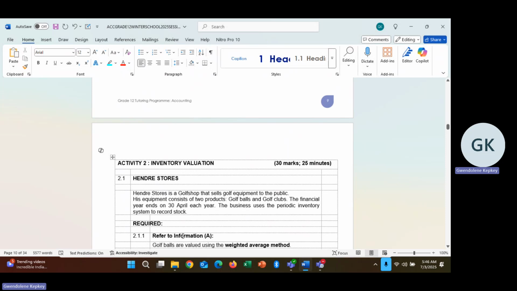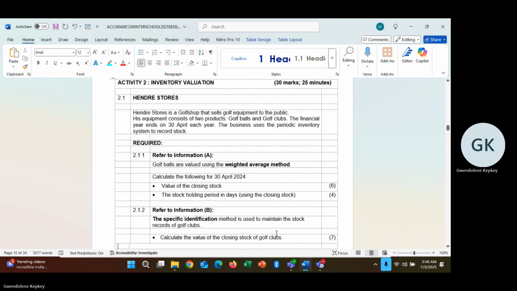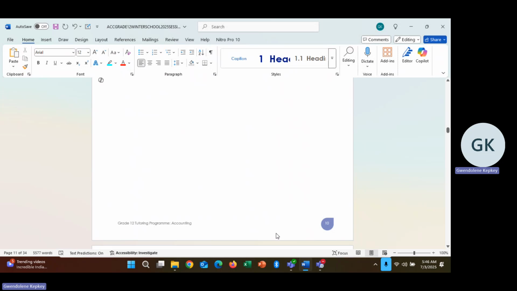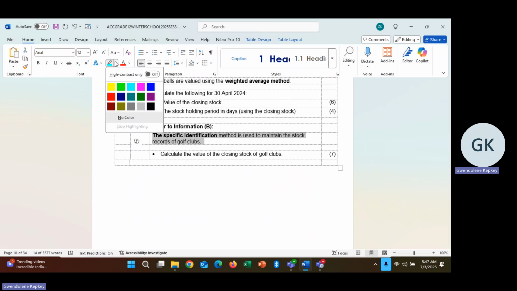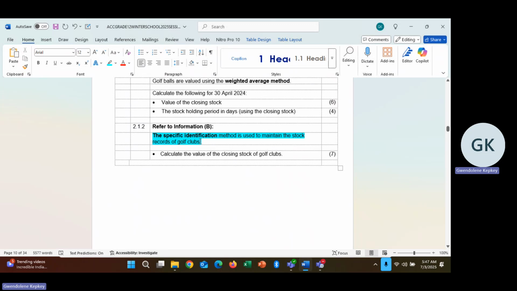So here they start out with a weighted average again, but if you go down and move to the next question, they actually ask that we do a calculation. So ma'am for now is going to pause there. I'm not going to do that. We are going to concentrate where we're going to apply the specific identification method for golf clubs.